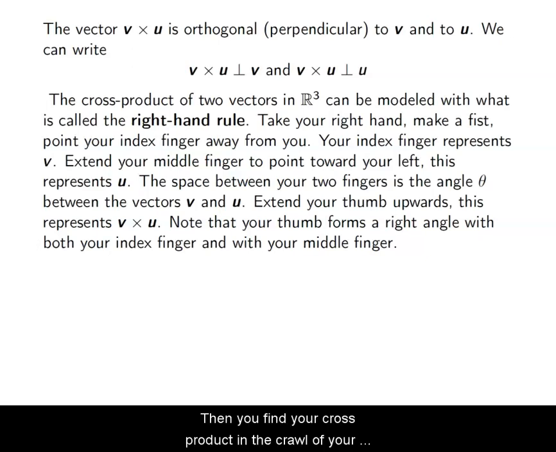Then you find your cross product, and the curl of your fingers represents the torque. For instance, if you are working on a car and you have a wrench and you are pushing down, that torque is represented by this right-hand rule. We won't get into it here. It's kind of advanced, but we do cover that in the Calculus 3 course.